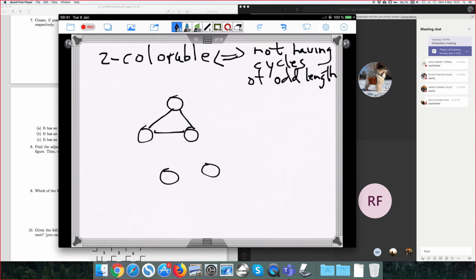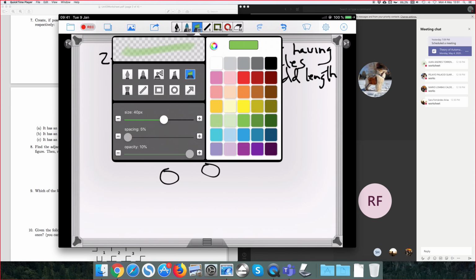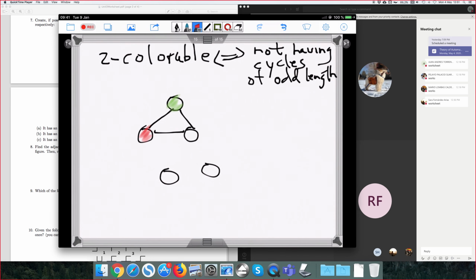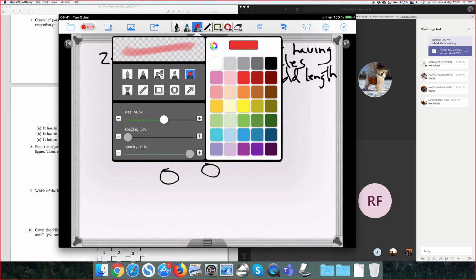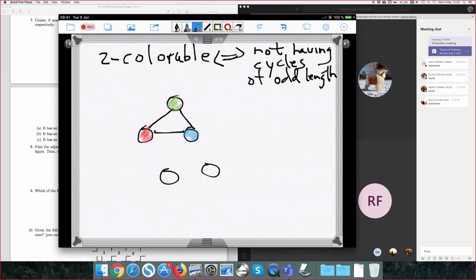Okay? Obviously, this graph now is not two colorable, because when we have a cycle of odd length, we need at least 3 colors. Okay? And we are fulfilling 2 of the conditions, that the graph is not two colorable, and that the graph has 5 vertices.